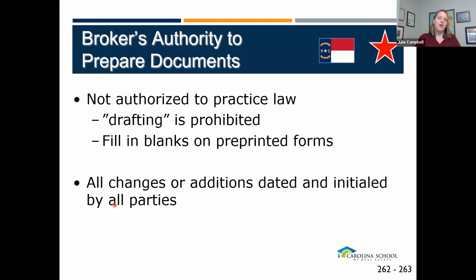I was under contract once. It was my buyer. The buyer's lender was based out of Texas. Now, I don't know how they do things in Texas, but evidently they do things differently than they do in North Carolina. And the lender called me, basically said, this provision doesn't work for us. Will you cross it out? No. All you got to do is cross it out.